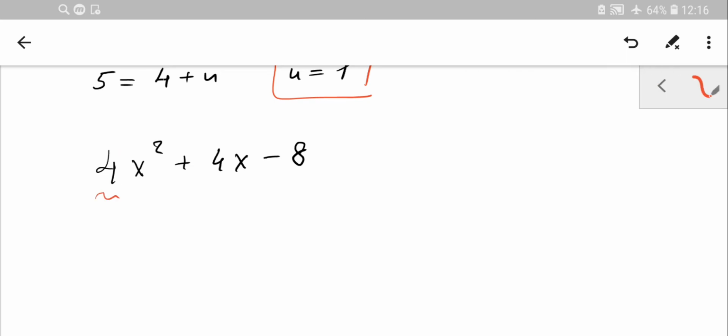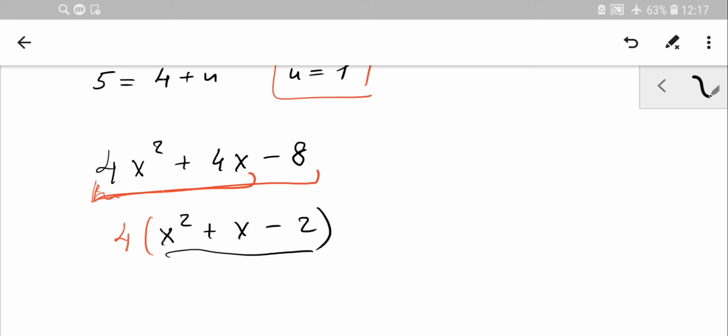We have coefficient 4 in the leading term. There are actually several ways to cope with that, but I recommend to factorize 4 out. If it's possible, factorize completely, like in this case. So we factorize 4 and we have x squared plus x minus 2.